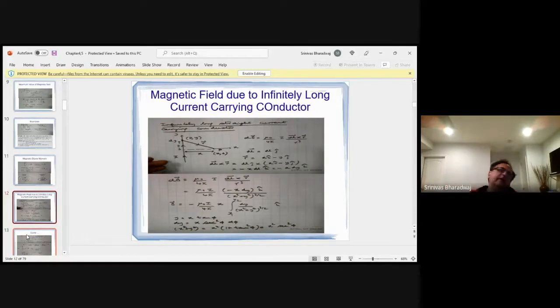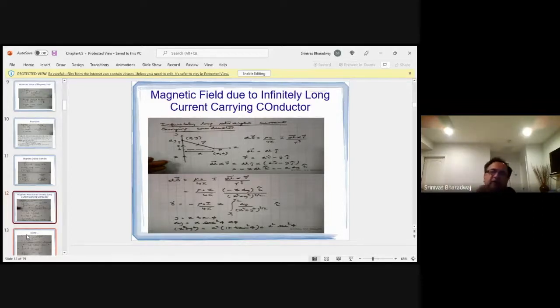I already told you about that. You have a long wire, and then you're looking at dB at a particular point. I dl cross r, as you know, in each of these cases tends to be all in the k direction.